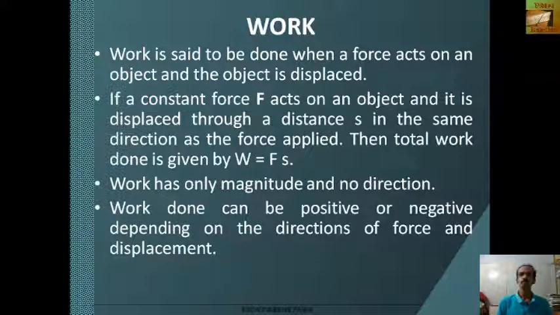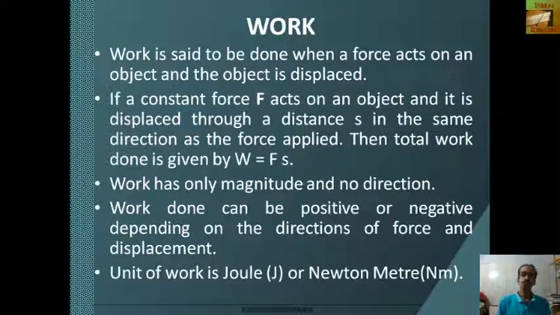Work done can be positive or negative depending on the directions of force and displacement. Force and displacement, as we have seen earlier, are vector quantities. And if the direction of force is opposite to that of the direction of displacement, work can be negative.